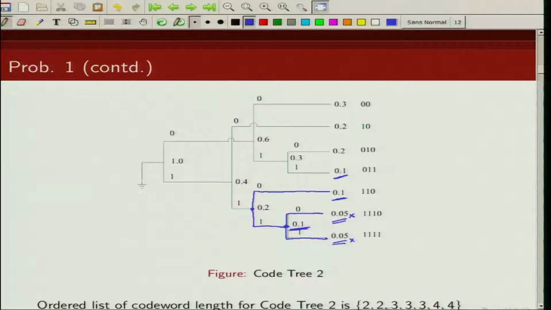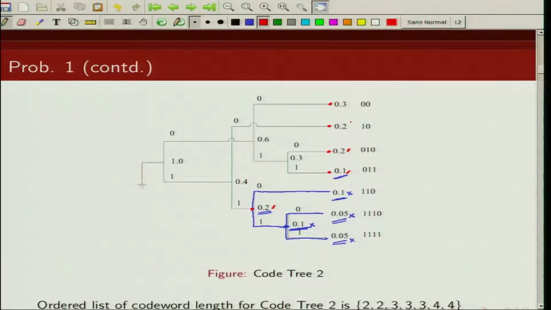Combining these 2, we get a new node with probability 0.2. We deactivate these two nodes. So now the active nodes are this one, this one, this one, this one, and this one. Now we have one node with probability 0.1, which is this one, and 3 nodes with probability 0.2.